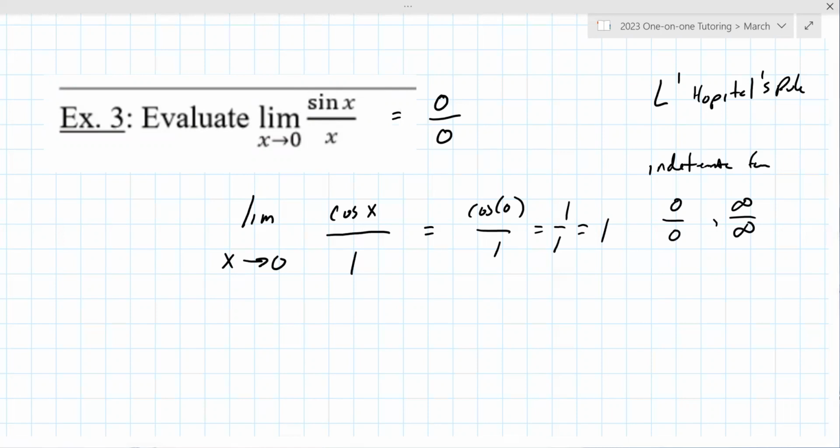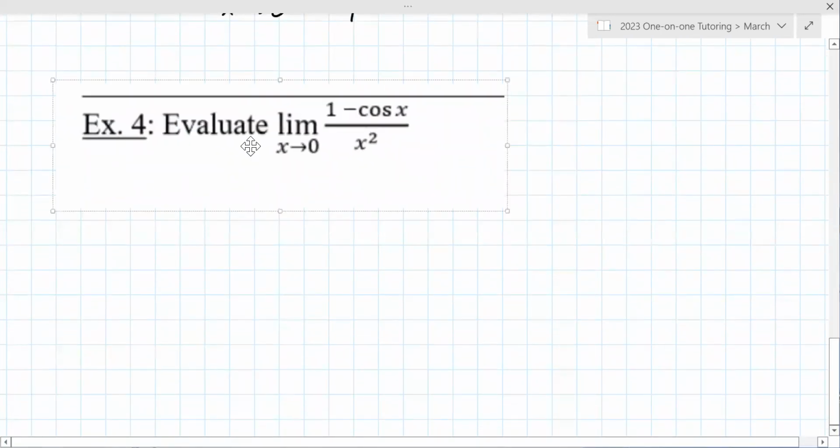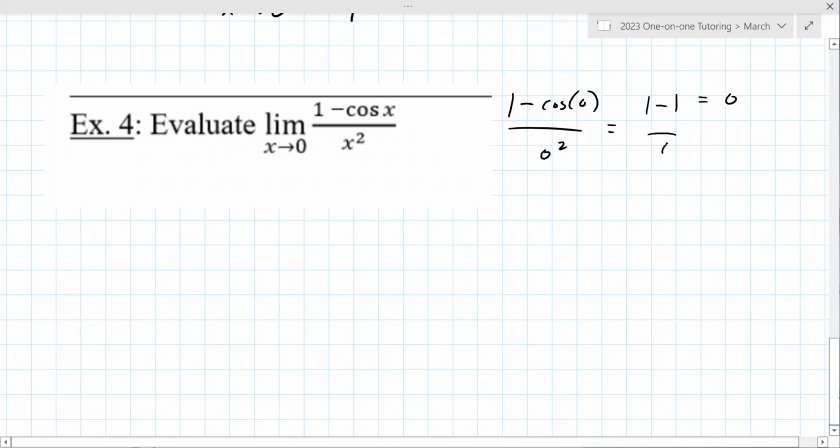We'll do another example 4 here. Again, going back in time, beginning of the course, you put 0 in for x. 1 minus cosine of 0 over 0 squared. You get 1 minus 1, which is 0 over 0. 0 over 0 is indeterminate form.